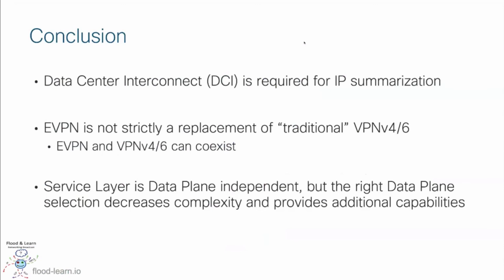As we learned here, EVPN is not strictly a replacement of the traditional VPNv4, VPNv6. EVPN is very powerful, but it makes sense to use it where it really plays the key role. So if you have your traditional L3 VPN service, your VPNv4, VPNv6 today, it's better to think twice before you really replace it with EVPN.